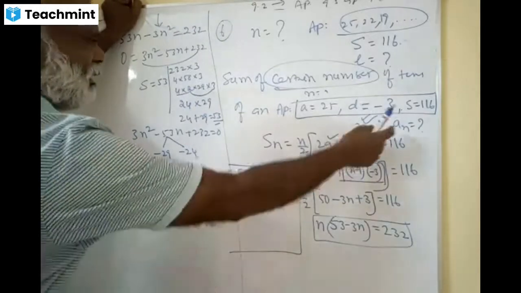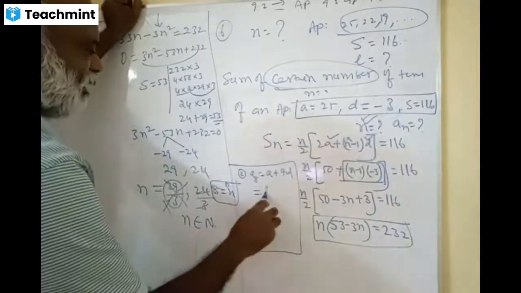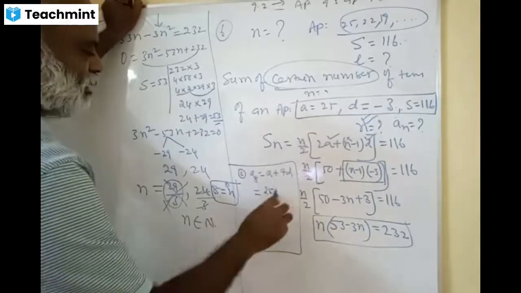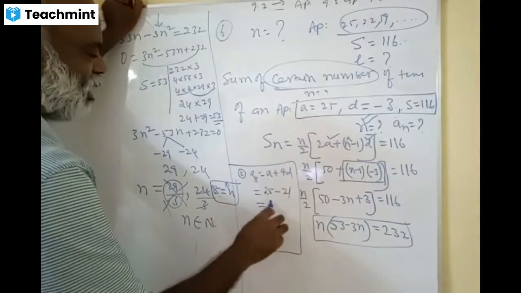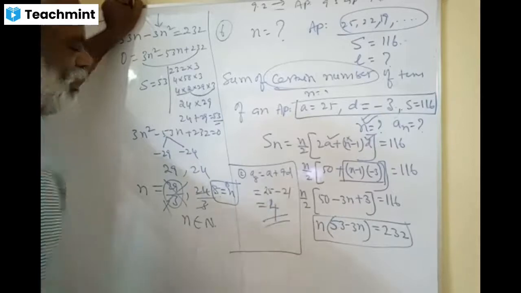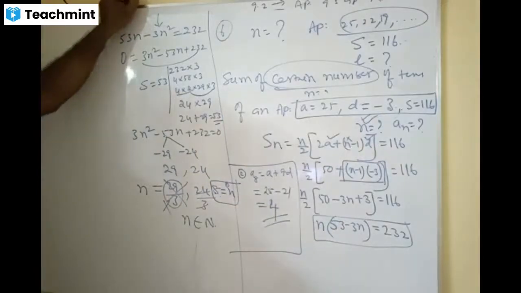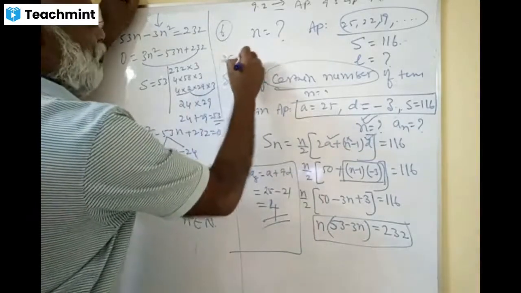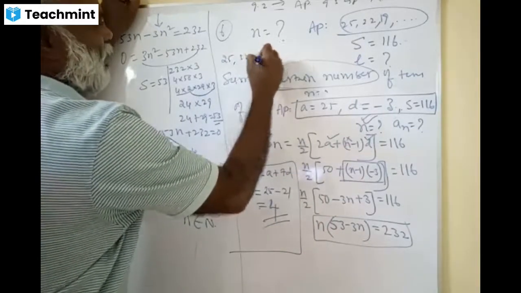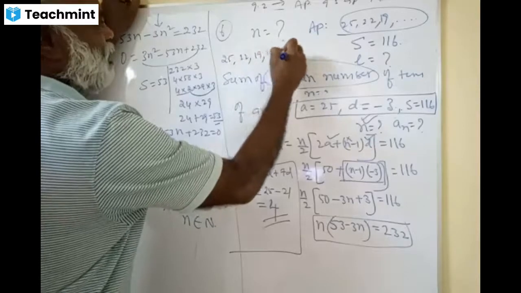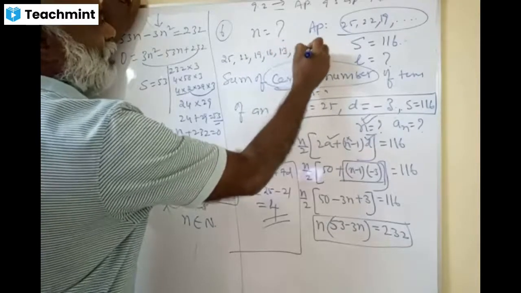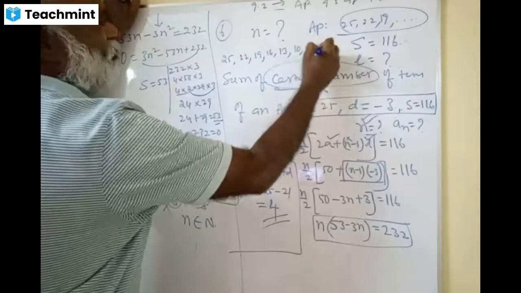So the last term is the 8th. a is 25. 7d is 7 into minus 3, minus 21. That is 4, dears. Last term is 4. Wow. Very, very good. 25, 22, 19, 16, 13, 13 minus 3 is 10, 10 minus 3 is 7, 7 minus 3 is 4.